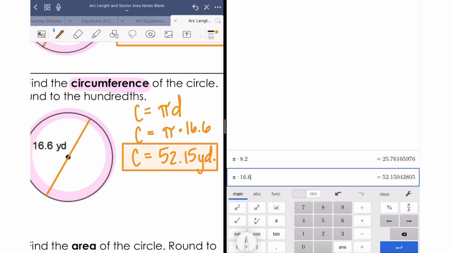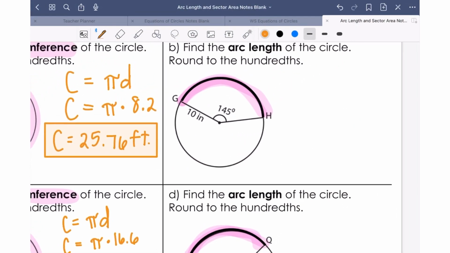Okay, hopefully this is what you got, 52.15 yards. Let's move on to arc length for these two.